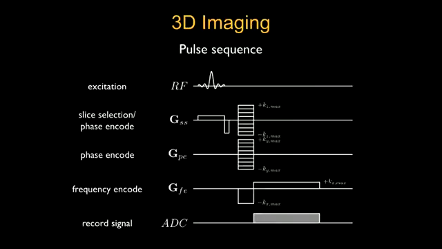Anytime you specify a phase encoding location, that's going to be a specific location. You can't really create a continuous value. Same thing over here. With the frequency encoding, the signal you're getting is continuous, but using an A to D converter, you're going to get discrete or digital values later.